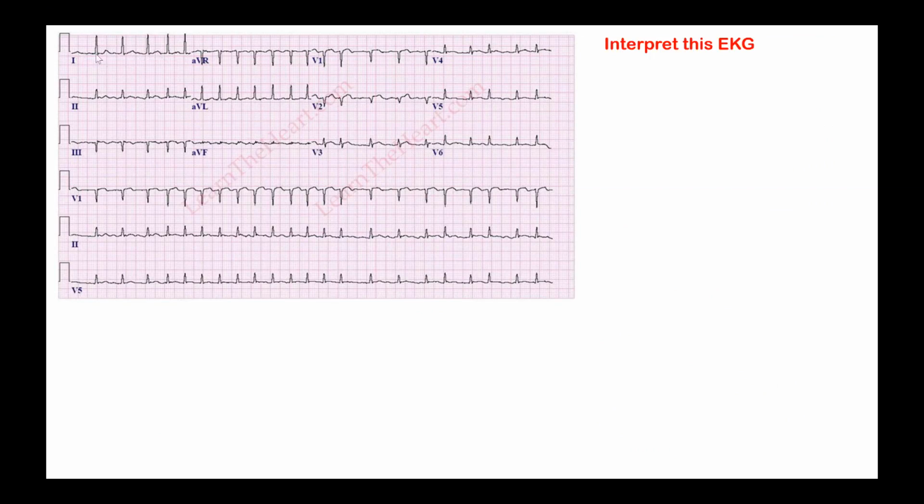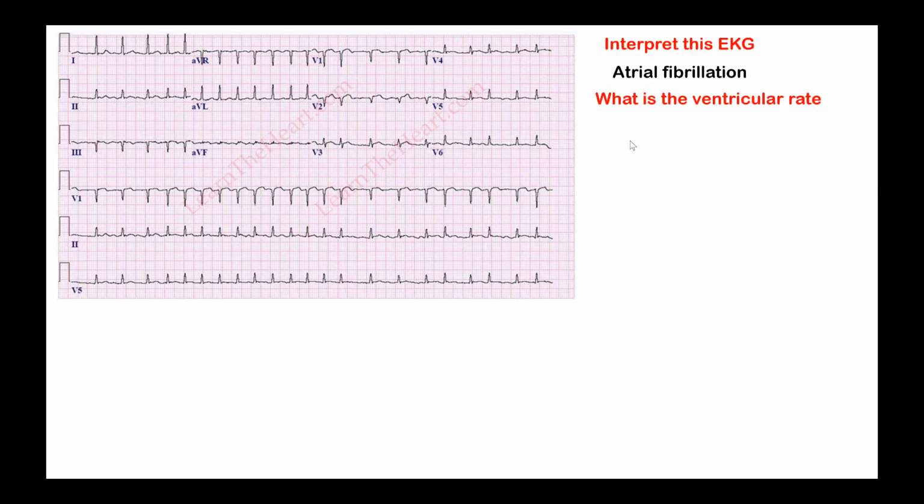Do you have a QRS following? Do you have a T wave? That is how you start. First you see from lead 1, lead 2. Is there a proper P wave? No, sir. So, what is it?